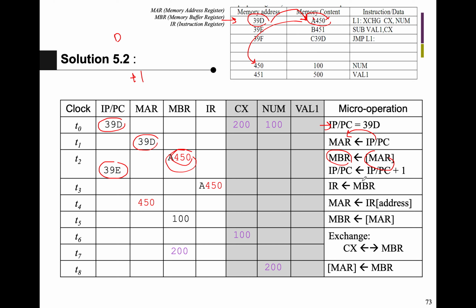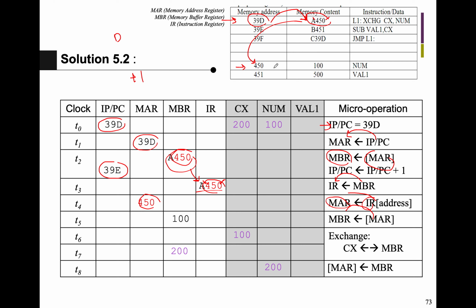Next your MBR will be put into your IR. So your IR has a similar value, only then your IR address is 450. You're going to put the IR address 450 into your MAR here.